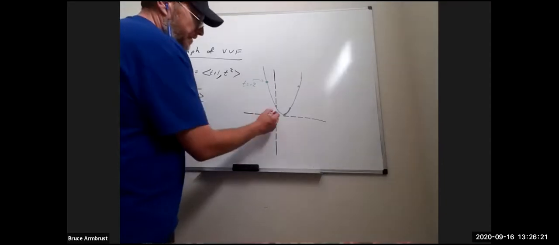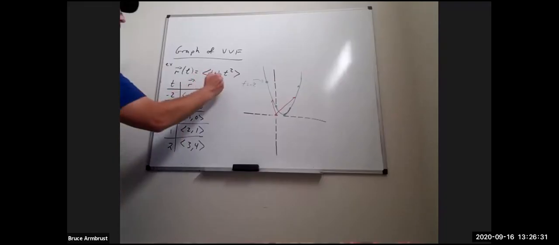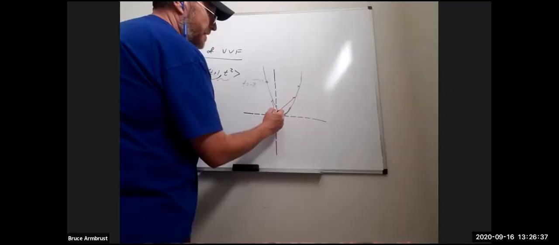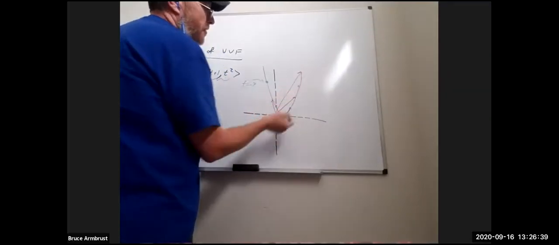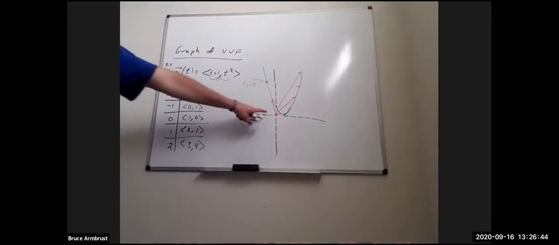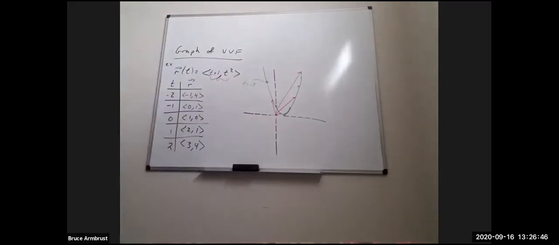So the collection of all the points at the end of these vectors forms that parabola. But the vectors themselves, go ahead, Bradley. Is that because of the t squared as a component, or does it just happen? Yeah, it's totally because of this. I'll show you in a second. These would be a set of different vectors, running from the origin to that blue line, depending on the t.